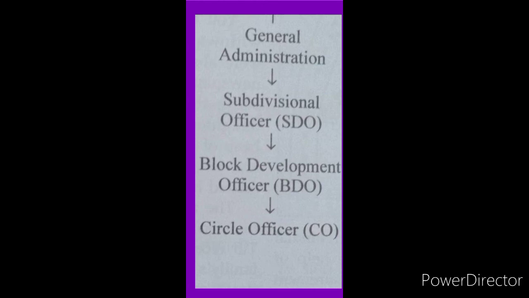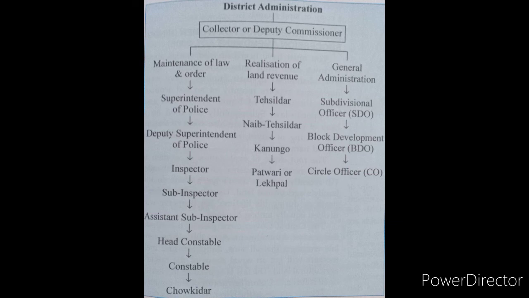He is assisted in his administrative work by subdivisional officer, that is SDO, block development officer BDO, and several other circle officers called CO, along with Tehsildar, Nayab Tehsildar, Kanungo, Patwari, Superintendent of Police, Deputy Superintendent of Police, Inspector, Sub-Inspectors, Constables, etc.